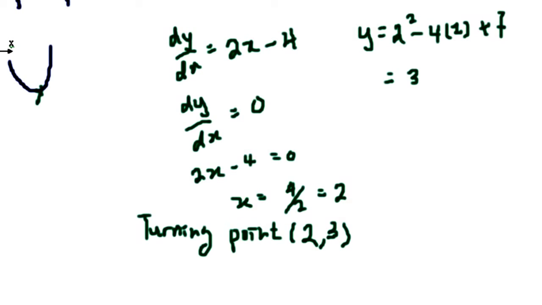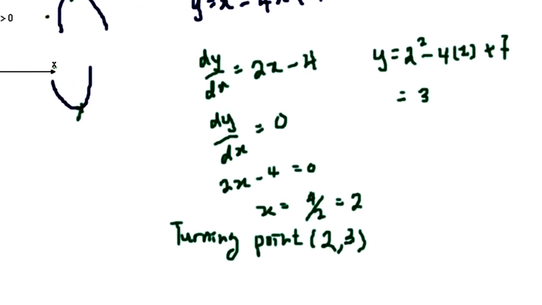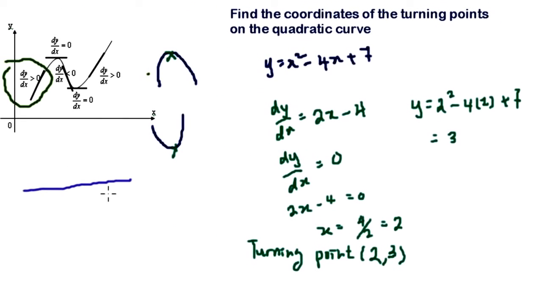Now how do we know whether it is a maximum point or a minimum point? In this case you have to do a simple checking. We call it checking the nature of the point. So the point is 2, 3. How to check the nature?